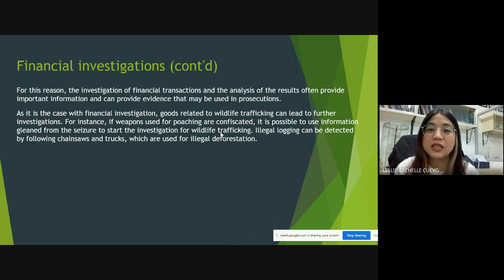As it is the case with financial investigation, goods related to wildlife trafficking can lead to further investigation. For instance, if weapons used for poaching are confiscated, it is possible to use information gleaned from the seizure to start the investigation for wildlife trafficking. Illegal logging can be detected by following chainsaws and trucks, which are used for illegal deforestation.